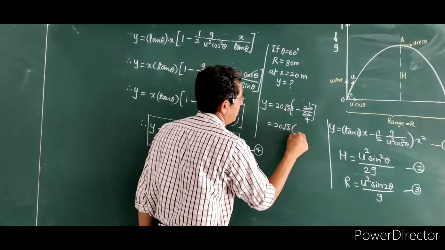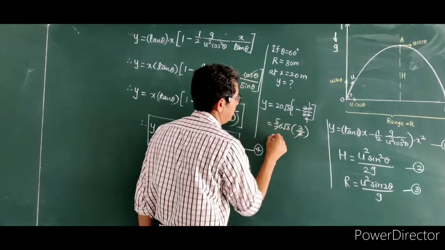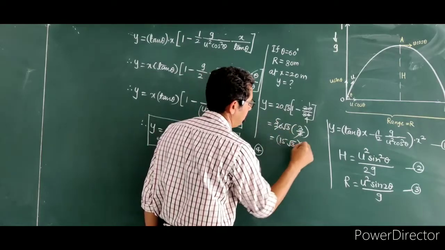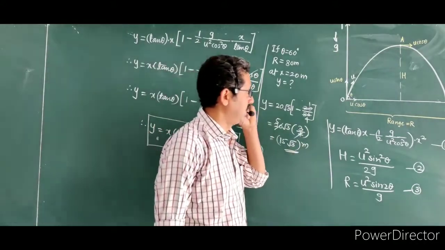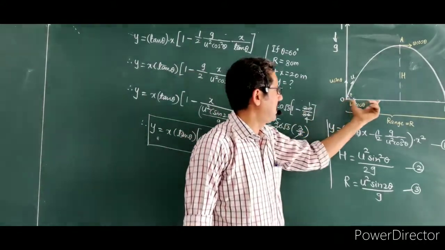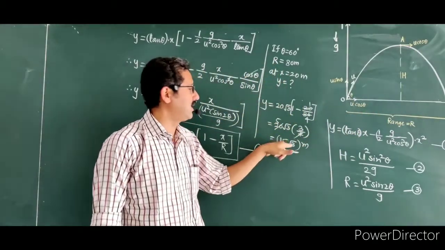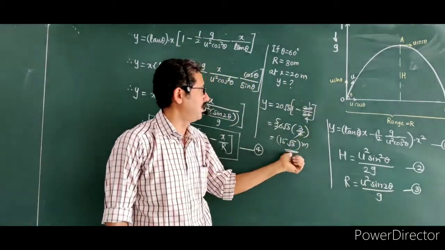So it is 20 root 3 multiplied by 3 by 4. This is 4 5s are 20, 5 3s are 15 root 3. So when the projectile was thrown like this, and if it was having the x coordinate equal to 20, the y coordinate at that instant would be 15 root 3.